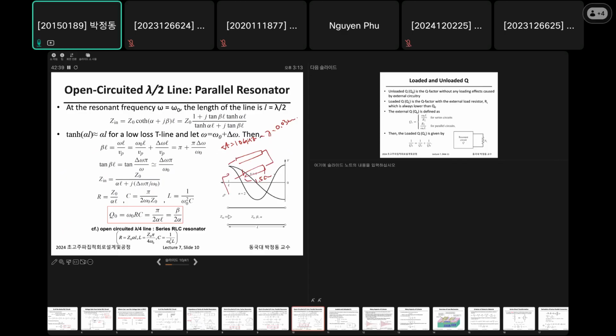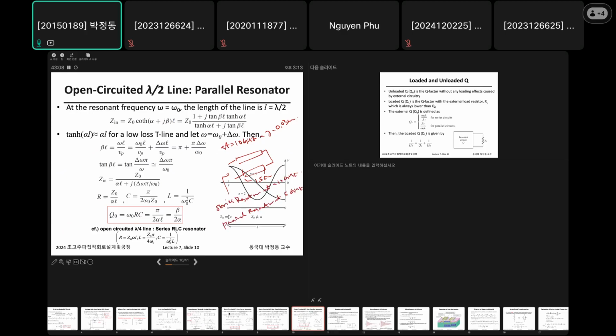So this must be a series resonator at 10 gigahertz, right? That's true. However, this must be a parallel resonator at 5 gigahertz.